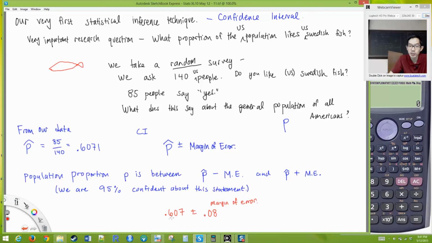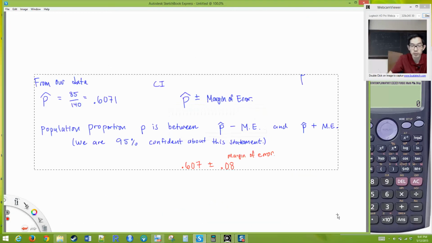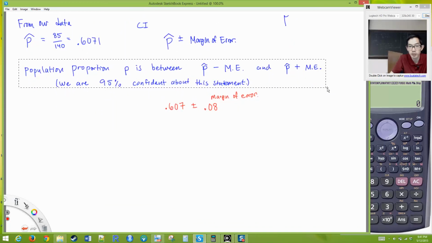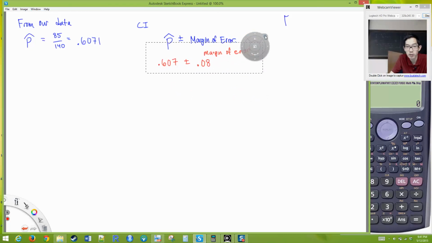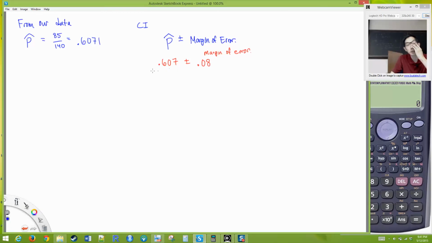Okay, because we're making a confidence interval for P. So remember, this comes from our data, so this serves as our estimate of P based on our sample.